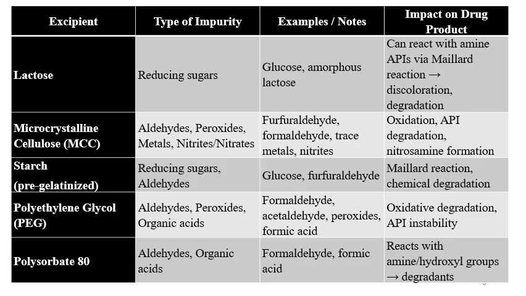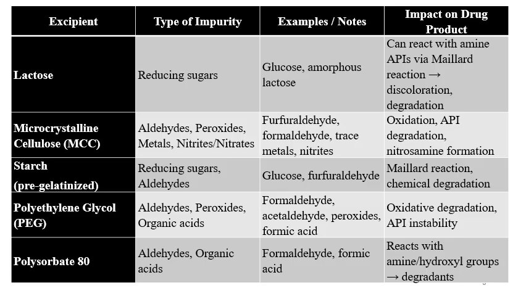Commonly used excipients like MCC, starch, PEG, polysorbates also have some impurities. MCC has impurities like aldehydes, peroxides, metals, nitrites and nitrates: furfural, formaldehyde, trace metals and nitrites. Oxidation, API degradation and nitrosamine formation are the impact.